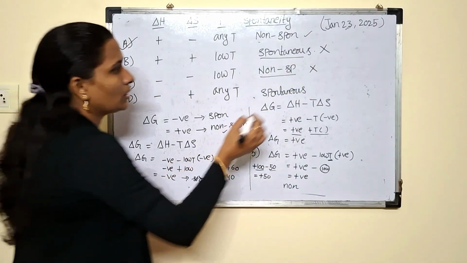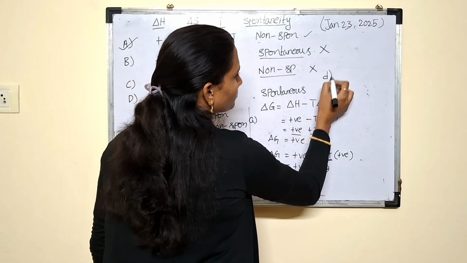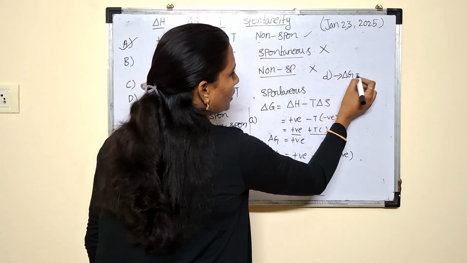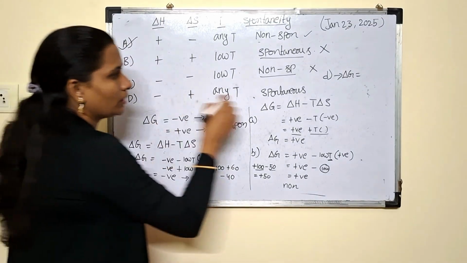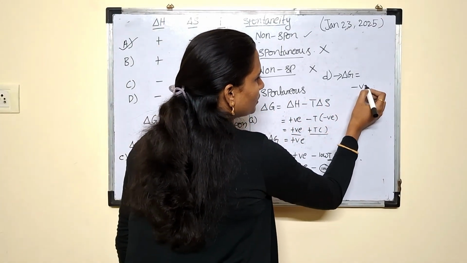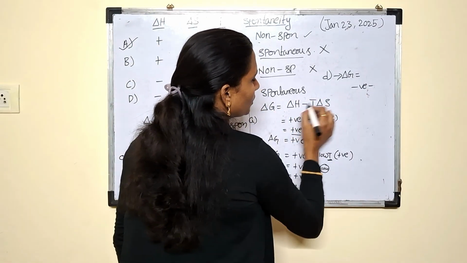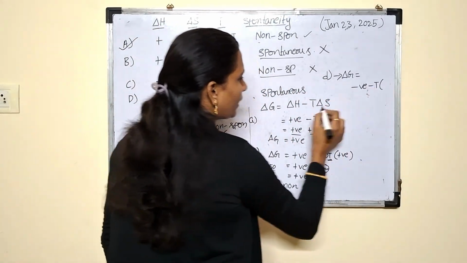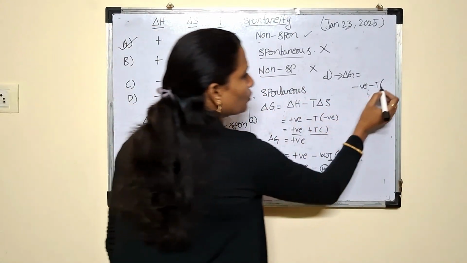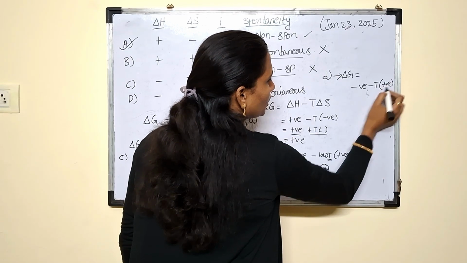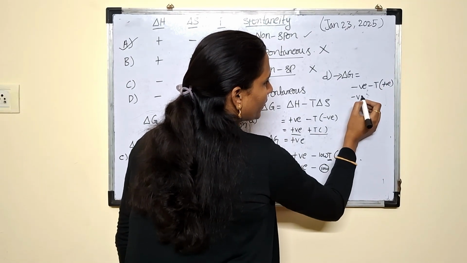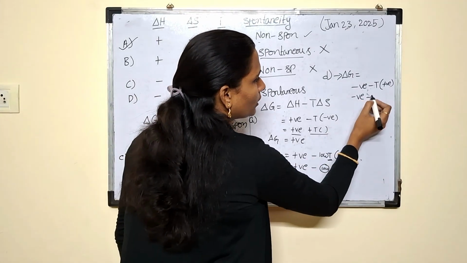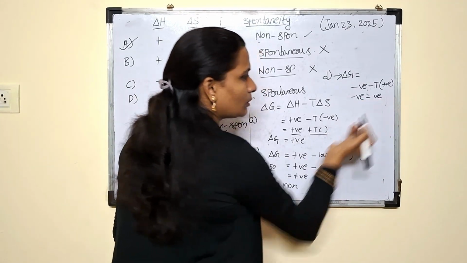Next, coming to option D: delta G equals delta H, which is negative, minus T at any temperature, and delta S is positive. Delta H is negative, and minus T delta S is also negative, so the total value will be negative.